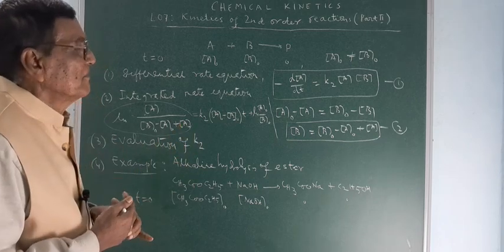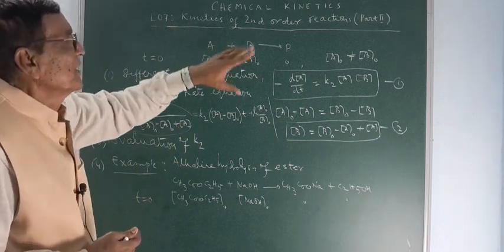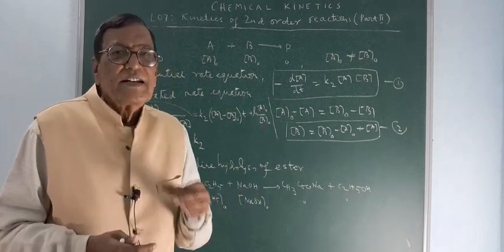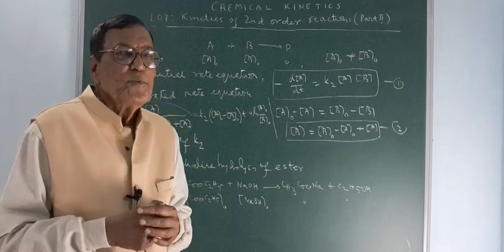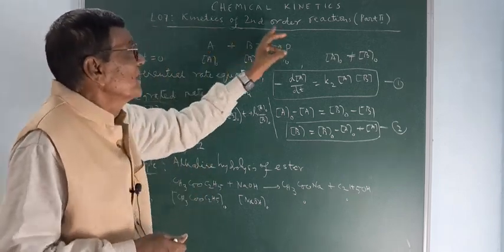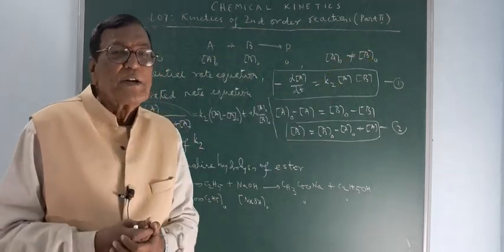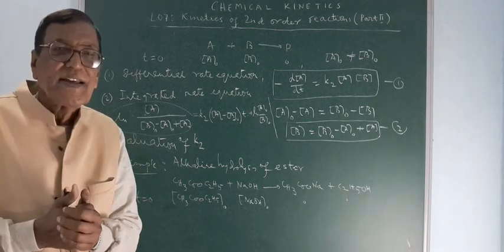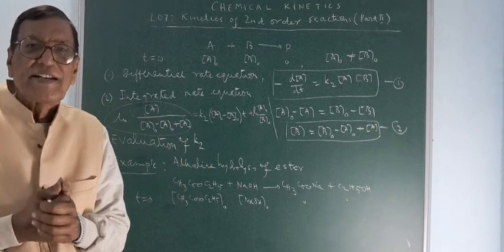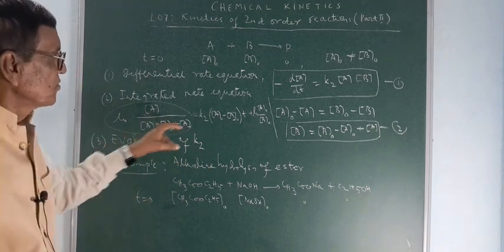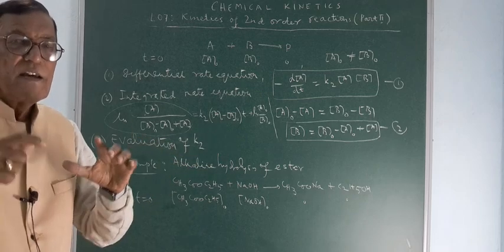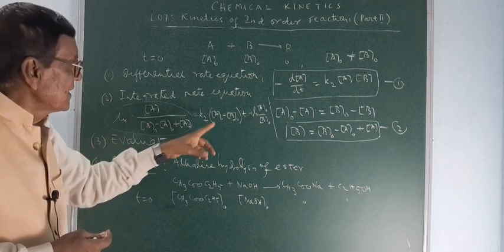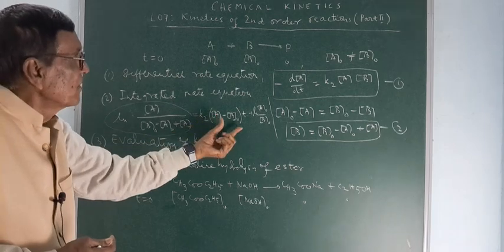So this is the kinetics of second order reaction part 2, and the next class will be the kinetics of second order reaction part 3, where the other features are half-life period, pseudo-unimolecular reaction, and how this rate equation is converted into the first order from this second order reaction where these two are not equal.